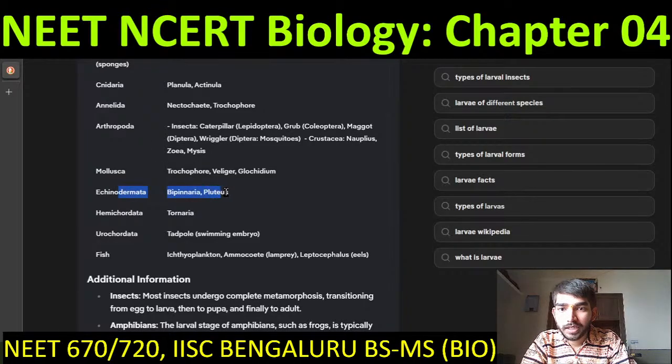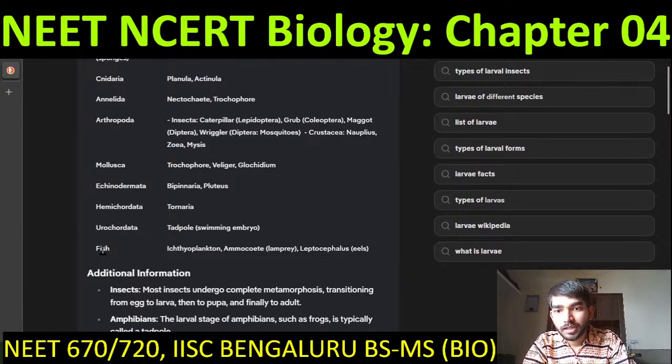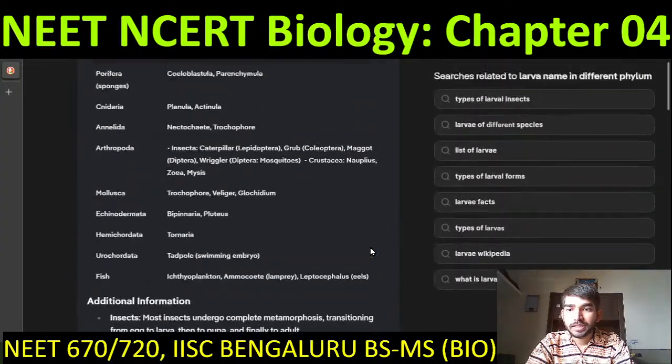Echinoderms have Bipinnaria and Pluteus larva. Hemichordates have Tornaria larva. Urochordates have tadpoles similar to amphibians. Fishes have ichthyoplankton, ammocoete for lamprey and leptocephalus for eels. So these are some of the larvae.